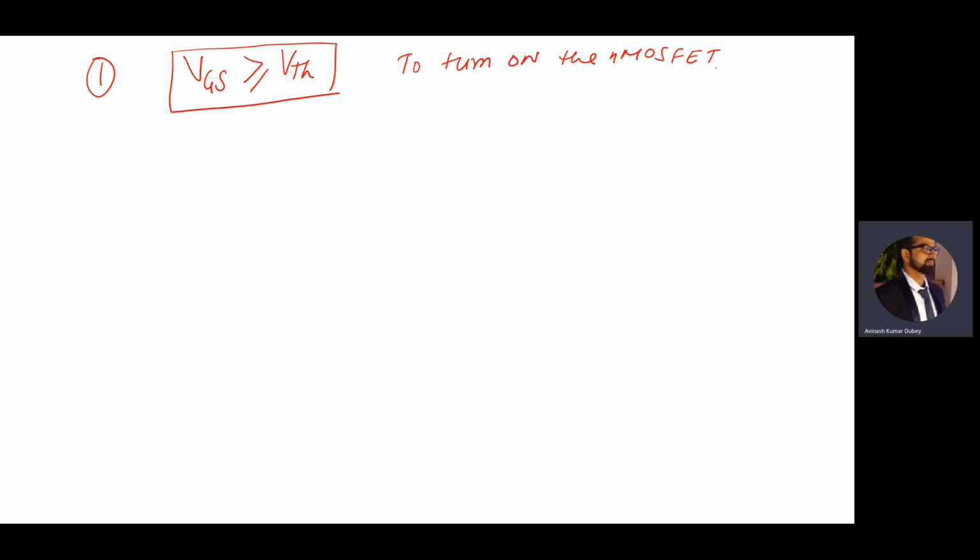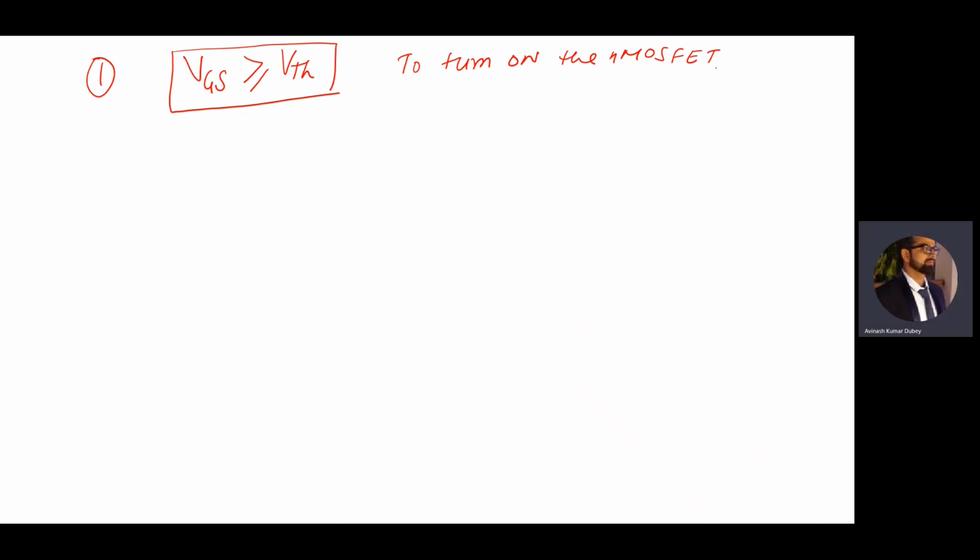Generally we are not going into the detail of that. We have to understand that there is a threshold voltage of any device. So to turn on the device, VGS must be greater than or equal to VTH. Understood?